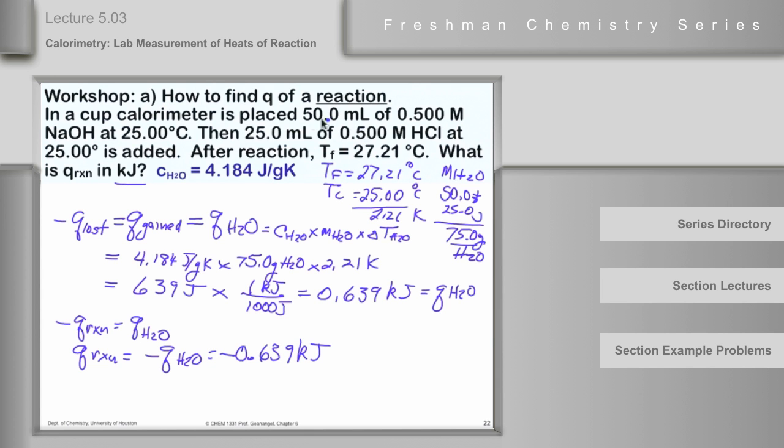That's Q. Now, in order to get from Q to delta H, we have to figure out how many moles of reaction occurred. It's an acid-base reaction, right? So we'll have to write the equation for it and figure out how many moles of product formed. Now, have you got a picture in your mind what the products are of sodium hydroxide and HCl solutions? Who has a good picture of what they are?